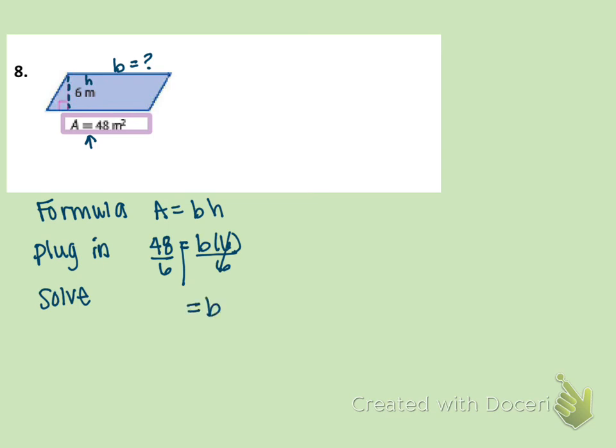And then 48 divided by 6, notice we used easy numbers here so that we can get the concepts and not worry about the math. 48 divided by 6 is 8. And by math, I mean the arithmetic there. Okay, and so then we have our final step, which is B equals 8 meters.